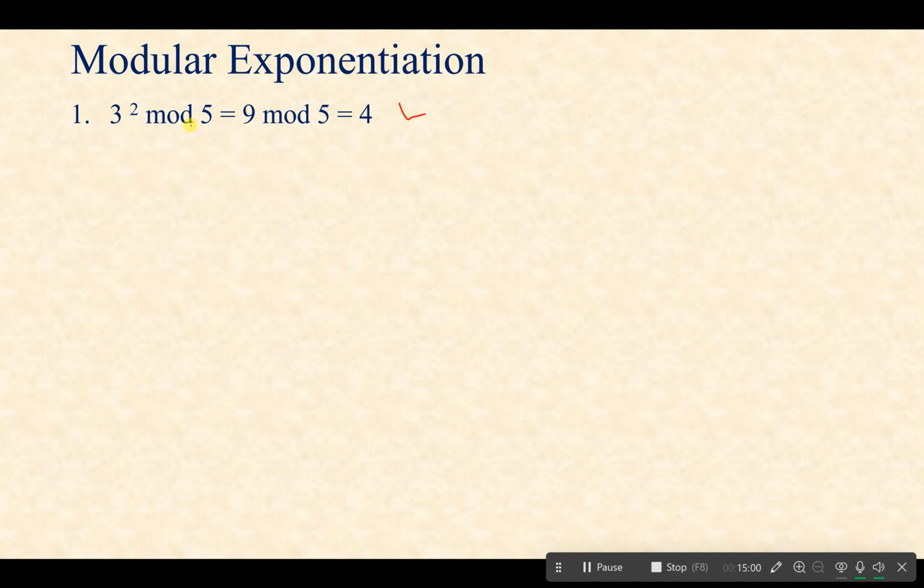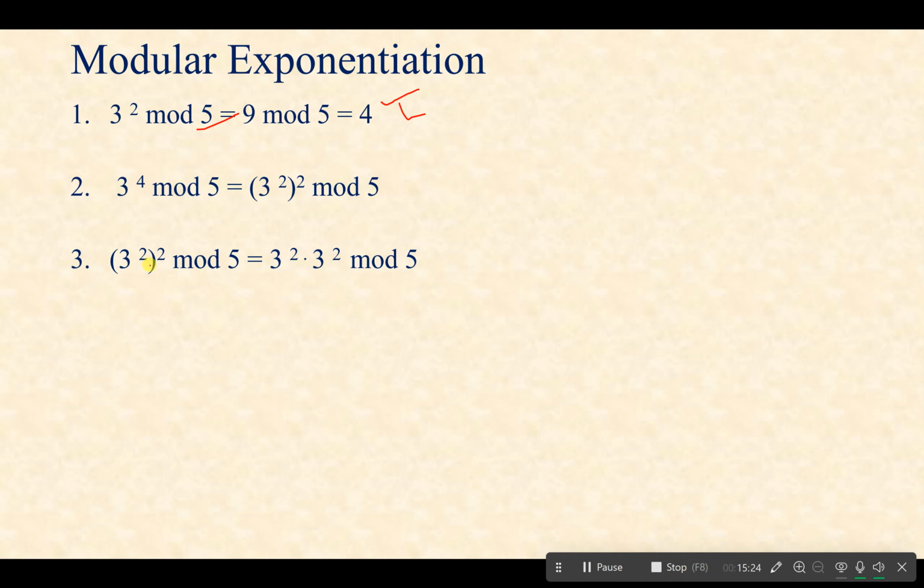Now let us see how to find 3 square mod 5. What is 3 square? It is very easy. 3 into 3 is 9. So 9 mod 5, when you divide 9 by 5, you will get remainder 4. But how do we find 3 to the power of 4 mod 5? This also you can write like this. 3 to the power of 4 you can write as 3 square whole square mod 5, which can be written as 3 square into 3 square mod 5.